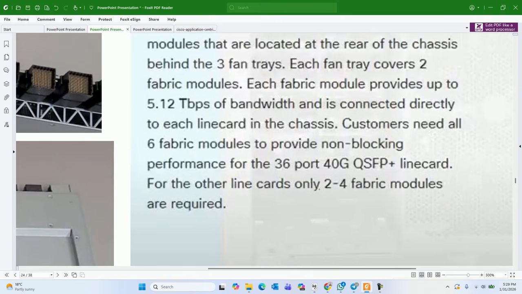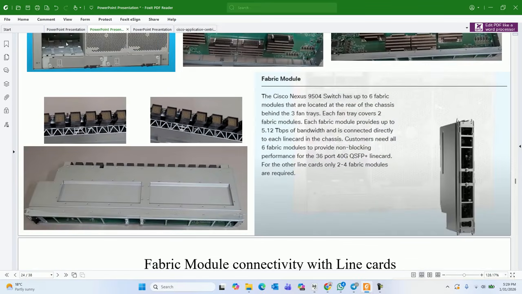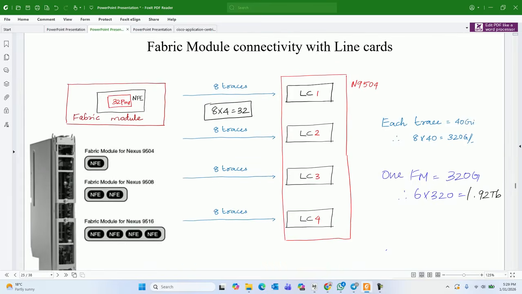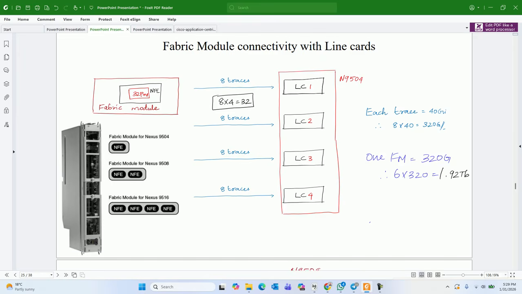Each fabric module provides up to 5.12 Tbps of bandwidth and is connected directly to each line card in the chassis. Customers need all 6 fabric modules to provide non-blocking performance for the 36 port 40 Gbps QSFP line cards. That's how they are connected.